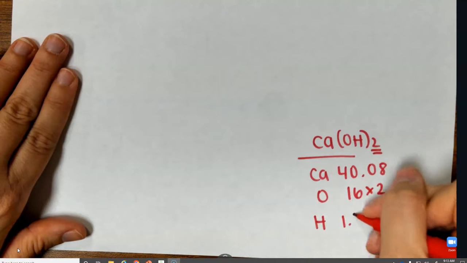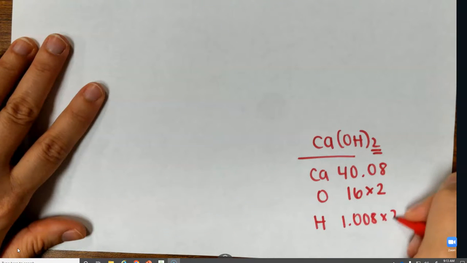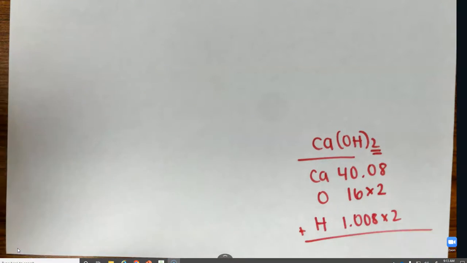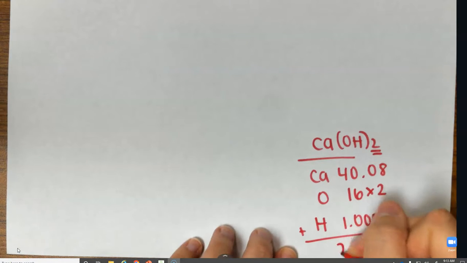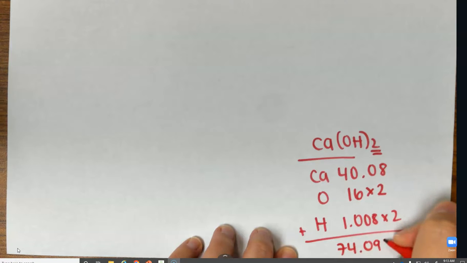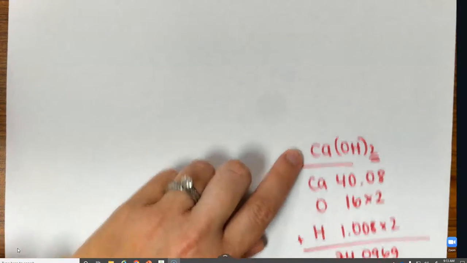And hydrogen is 1.008, but there are 2 of them, so I have to double it. And you need to add all that up. 40.08 plus the rest gives a mass of 74.096 grams. So that's how many grams of calcium hydroxide are in 1 mole.